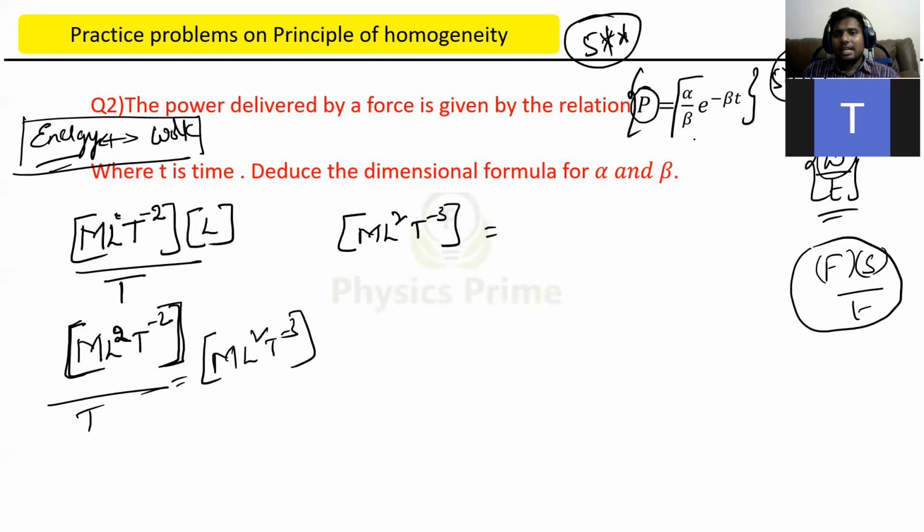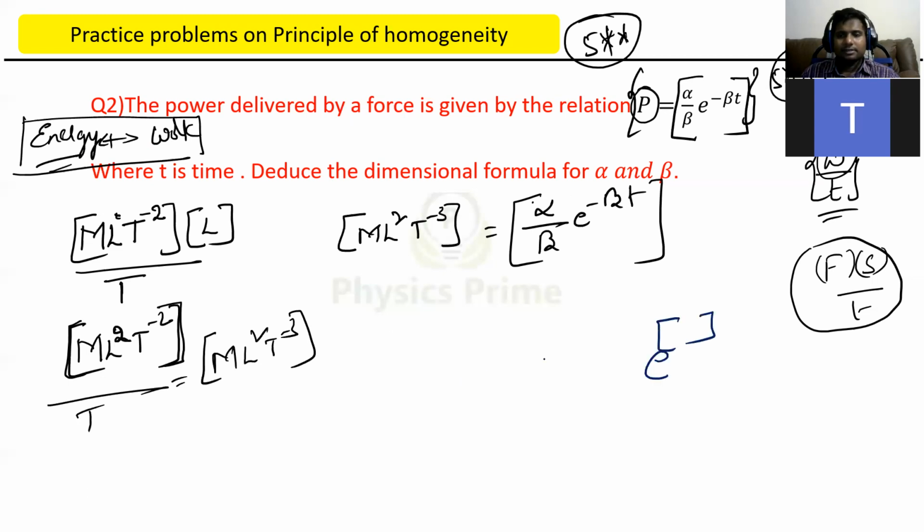Now this entire right side term should have the same dimension or not? That means alpha by beta e power minus beta t should have the same dimensions. A very, very interesting point you take note of. Whenever an e power term is there, this is the 5-star point here.